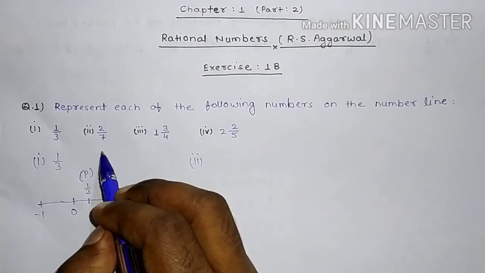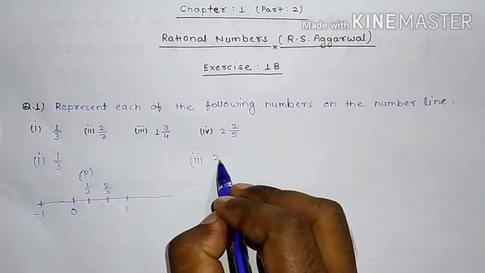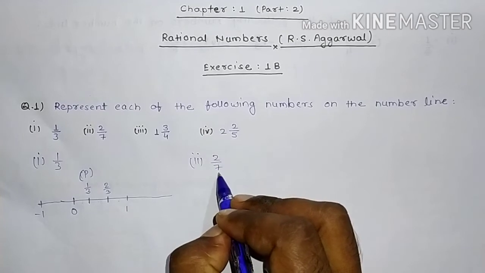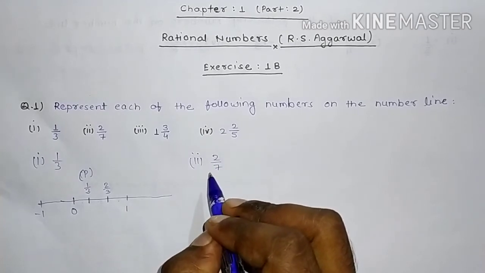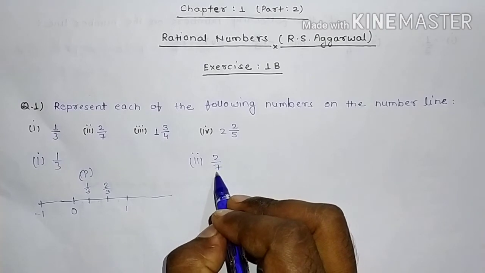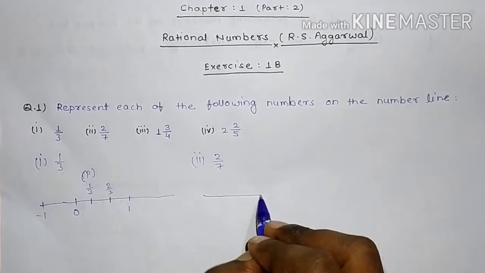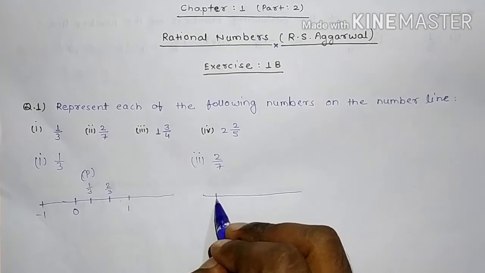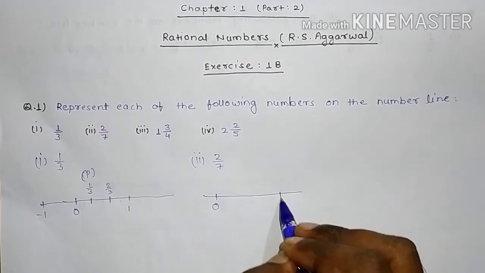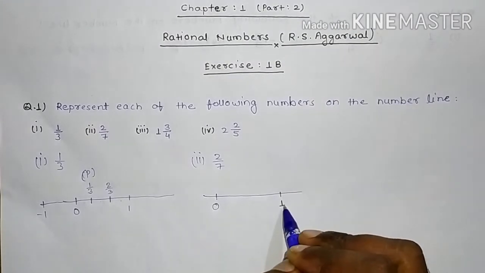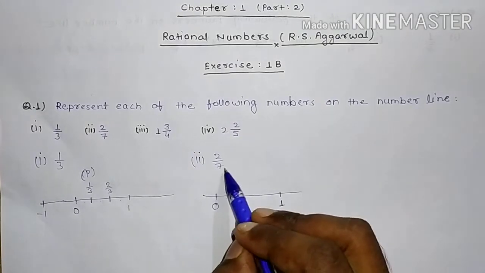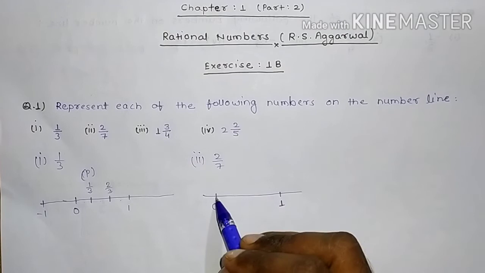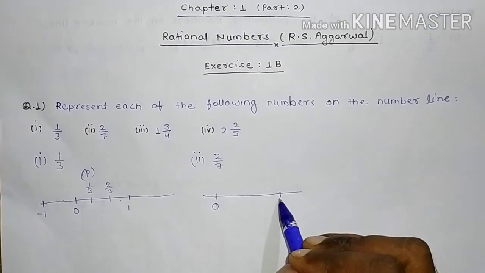Similarly, question number 2. It is given 2 by 7. Again, numerator is less than denominator, and we know that when numerator is less than denominator, then this point lies between 0 to 1. So let's suppose this is 0 and this is 1. Now the next step is, denominator is 7 here, so just divide 0 to 1 into 7 part.